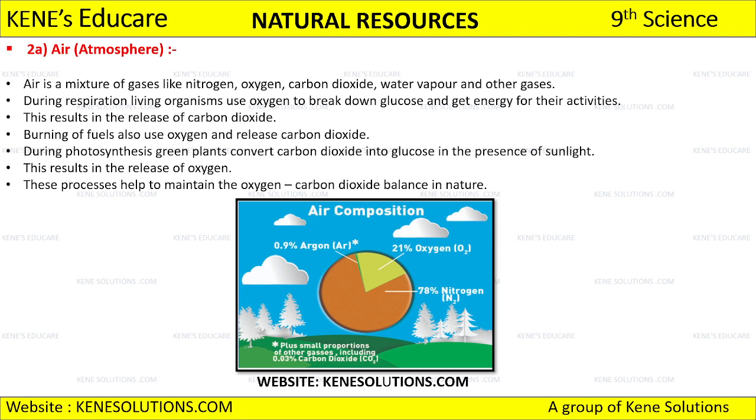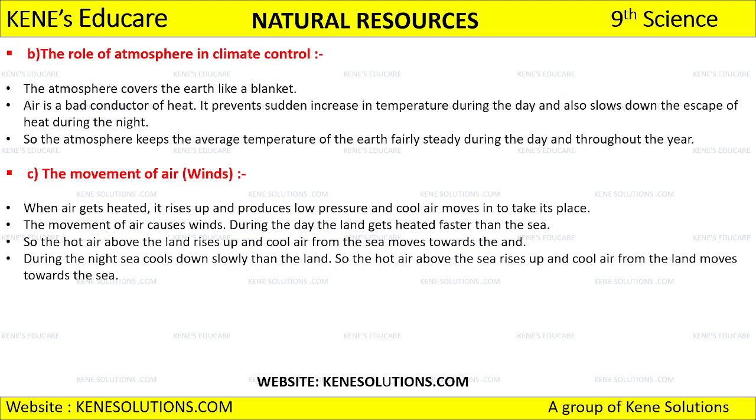This is one of the most important resources that we have. Then we will discuss the role of atmosphere in climate control, how the air or the atmosphere helps us in controlling the climate. And then we will discuss the movement of air, which we know as wind.